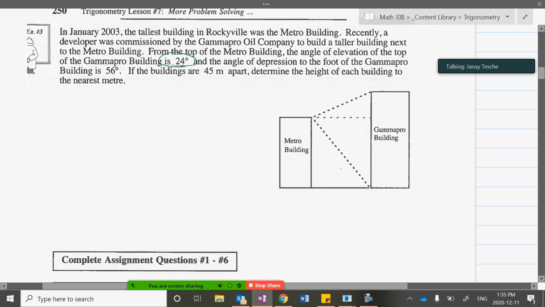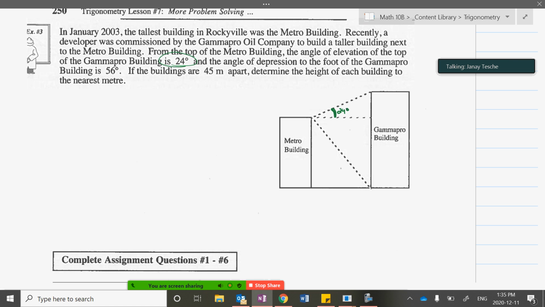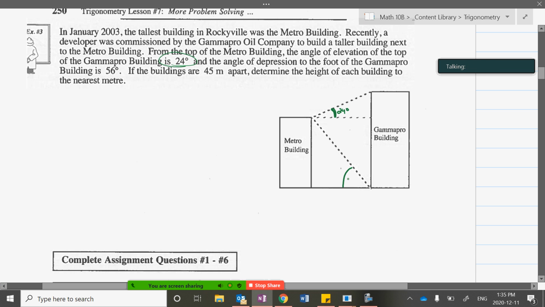This one I find kind of weird, and again, this question comes up a lot. This here is the angle that they're talking about to be that 24 degrees. Has to be with a horizontal. The angle of depression to the foot of the Gamma Pro building is 56. So here is our 56 degrees. And then the buildings are 45 meters apart.